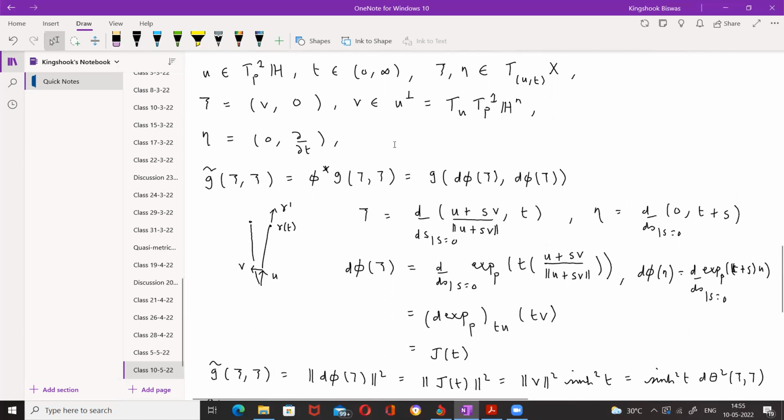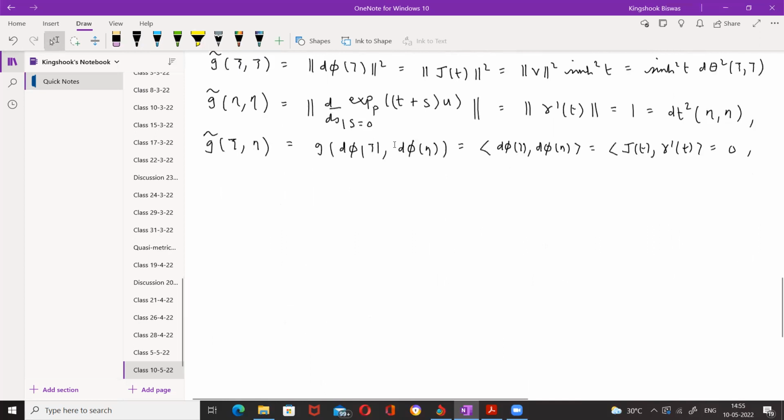So if I take some μ equal to ξ plus λη, then what is g tilde of μ?